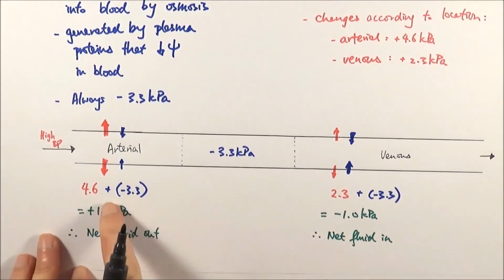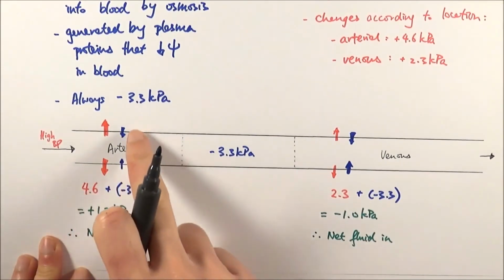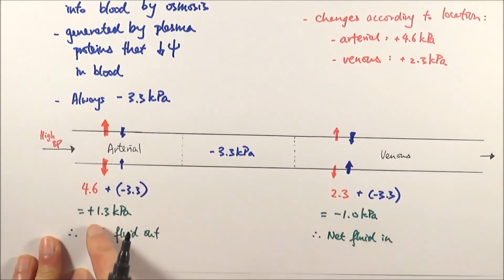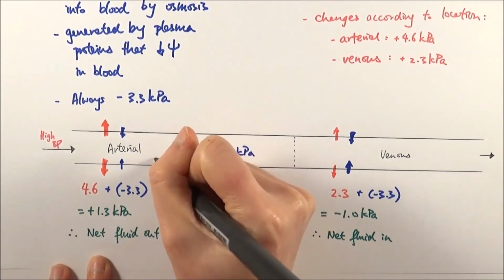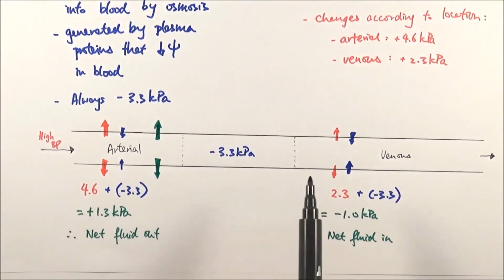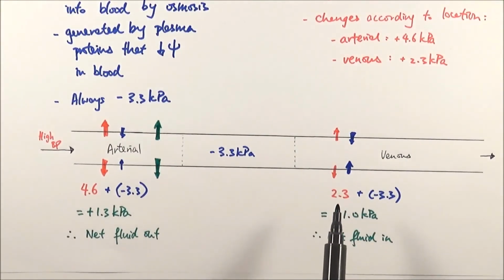So just a very quick recap. Here, high blood pressure, therefore high hydrostatic pressure. Compared to the oncotic pressure, we get a positive pressure overall, so the fluid is moving out. And here, after a while, we have lost that high blood pressure, so we've got a lower hydrostatic pressure.